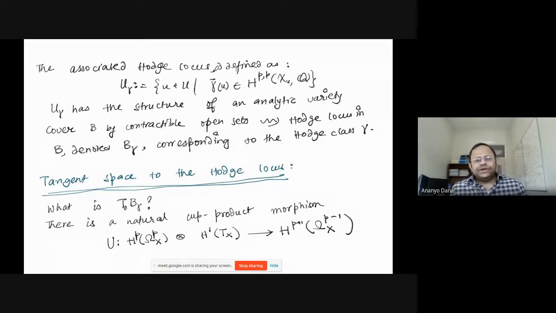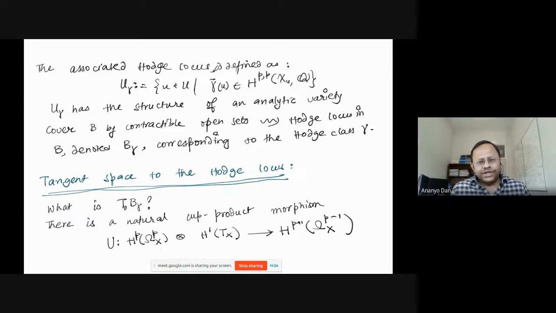So now that you can extend uniquely to a small enough open neighborhood, you can also do this process on the whole of B. You can cover the whole of B by such contractible open neighborhoods.